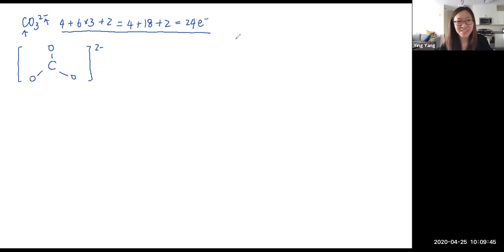I do that too. I kind of think that the maximum number we usually use is 8, and the highest number of valence electrons would be 7 for halogens.